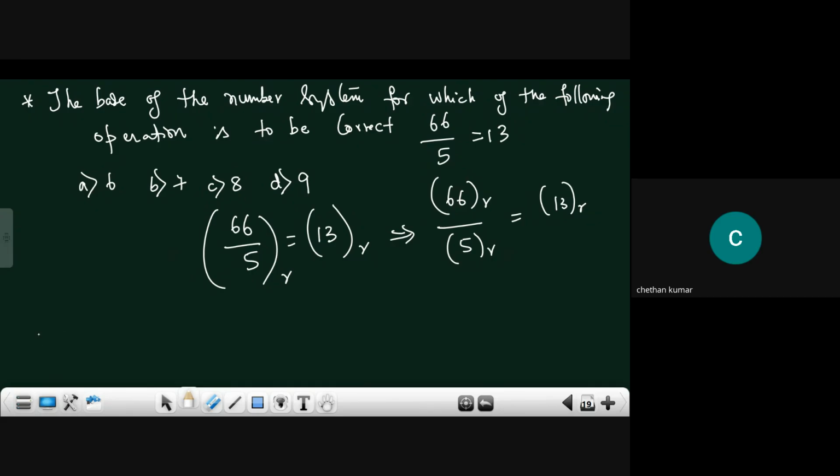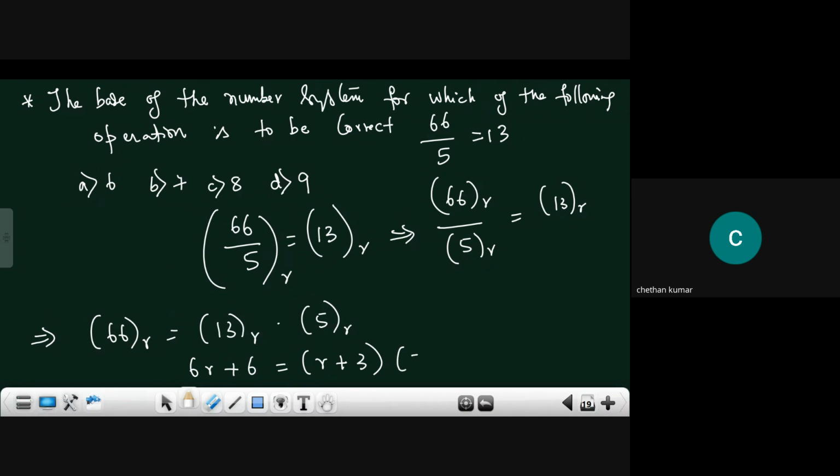So then I can write this equation like this: 66 base r is equal to 13 base r into 5 base r. This you can write as 6r plus 6 is equal to (r plus 3) into 5.